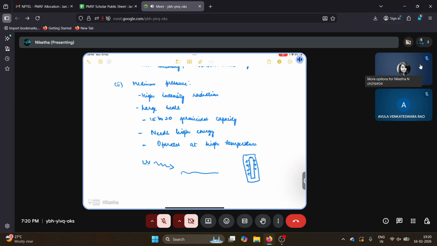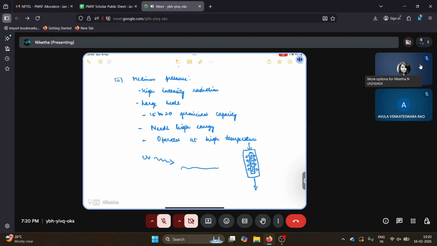The UV lamp will be turned on so that as the water passes through, it will take the radiation and then come out. We can optimize the temperature and the time for which it is in contact with the UV radiation, thereby maximizing the disinfection.